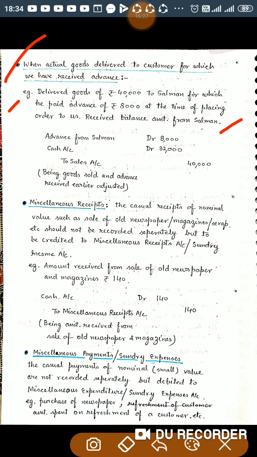So again, whatever advance we have received was a liability for us. As we are delivering goods of rupees 40,000 to Salman as a customer, our liability is over. So decrease in liability should be debited, advance from Salman account should be debited, and at the same time we are receiving the balance amount from Salman. As cash is an asset increasing in the business, it should be debited.